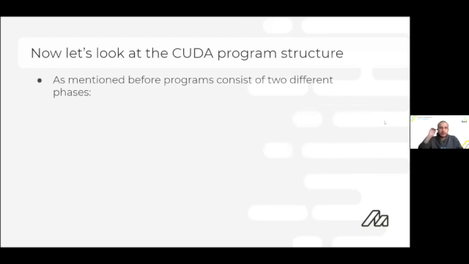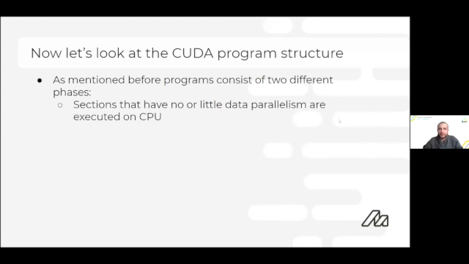So now let's look at the CUDA program structure. As we mentioned, this might be repetitive, but those sections that don't have any data parallelism, those sections that only include initiation of data and moving data between the CPU memory and the GPU memory, should be residing on the CPU side.